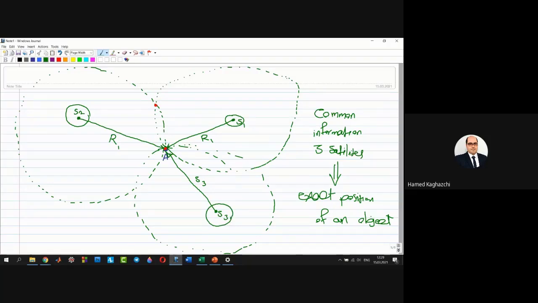Now, if I receive the common latitude and common longitude, it means that my location is here. So our GPS can detect the position and location of this device and show us where we are.